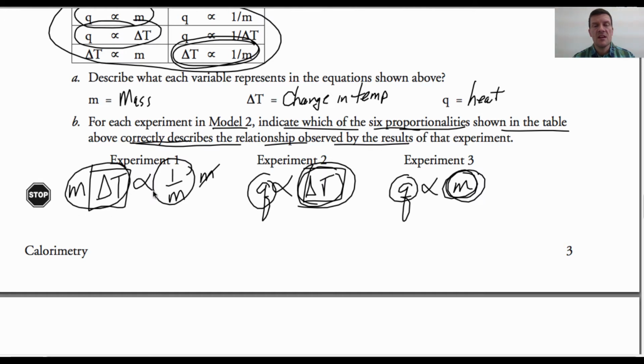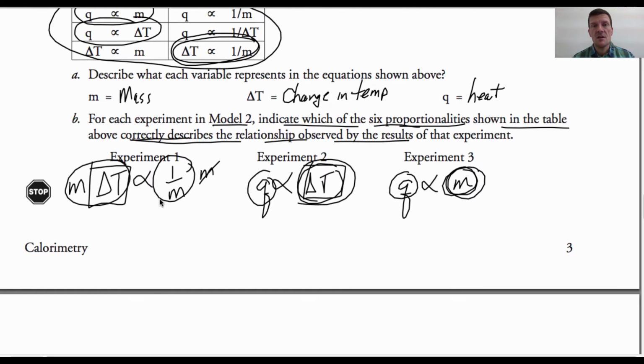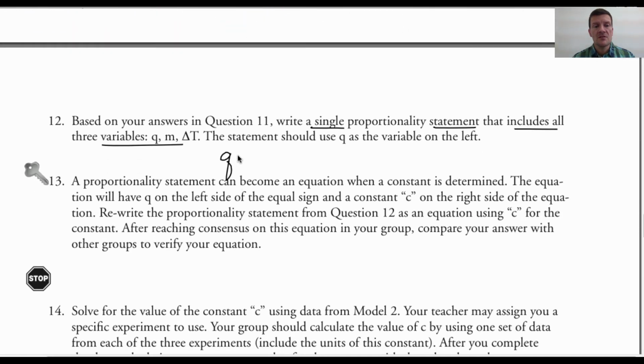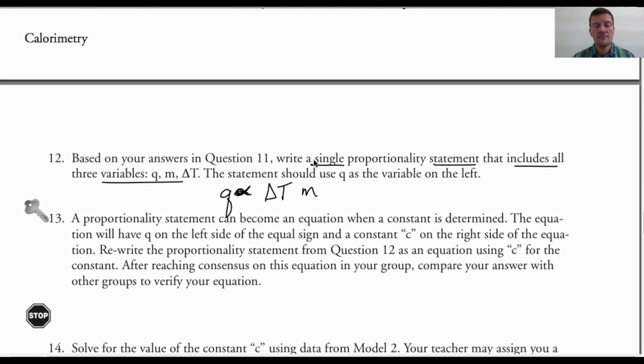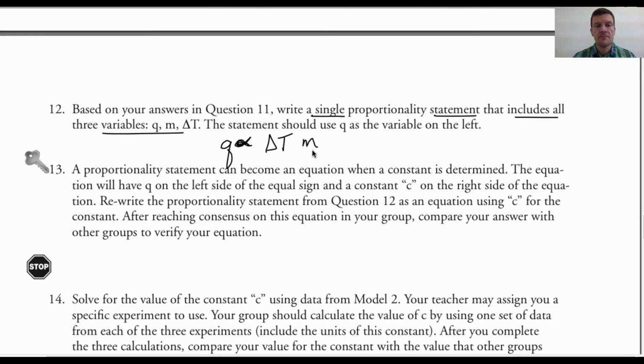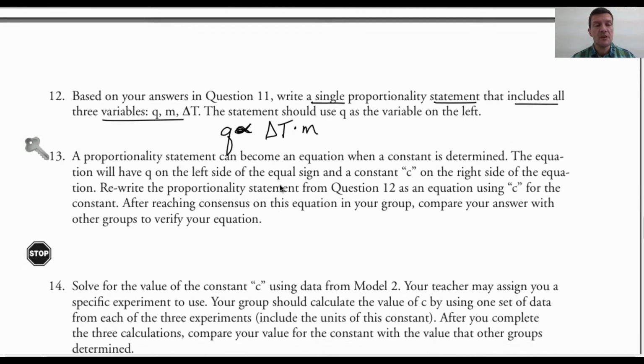That tells me that that is an inverse relationship. So Q, I'm going to keep a proportion here, okay? Delta T and M. And I'm going to put a little operation there, that's multiplication.